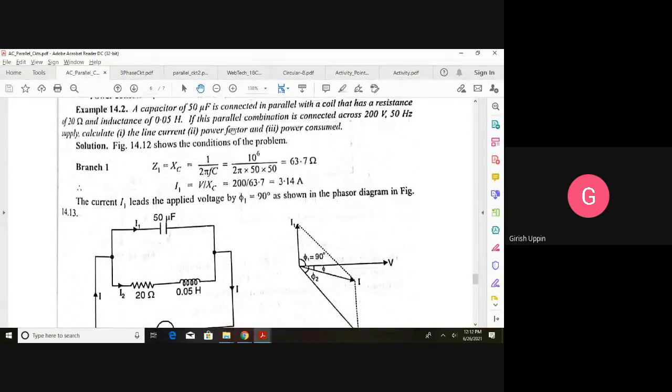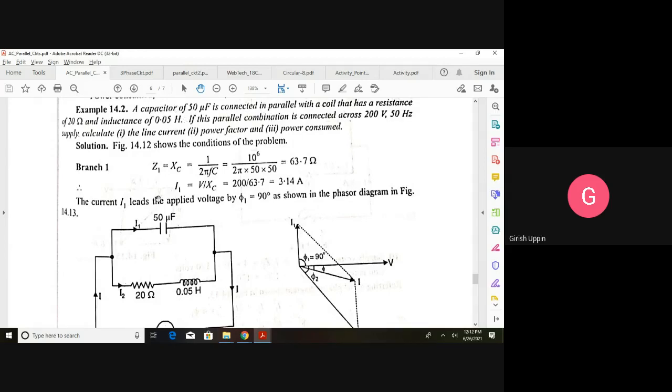Next problem, we have a capacitance of 50 microfarad connected in parallel with a coil that has a resistance of 20 ohm and inductance of 0.05 henry. So this is the circuit. You have to remember, in the exam they will give a description of the circuit.